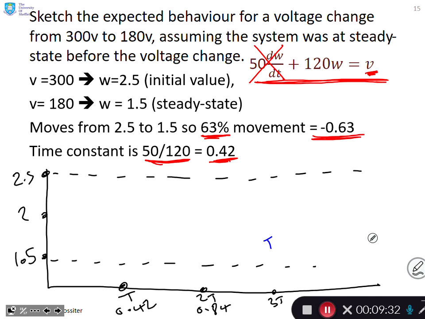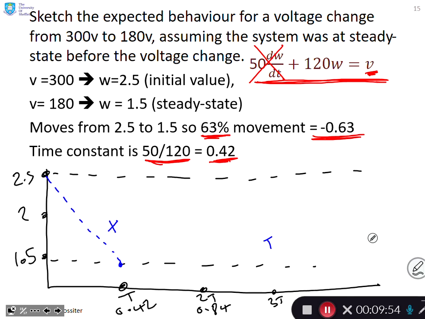Now I know that the initial gradient gets me to the steady state in 1 time constant, so the initial gradient must be that. I know that I move minus 0.63 in 1 time constant, so basically I'm going to have a point about here. If you've got graph paper, you can make that a bit more precise.